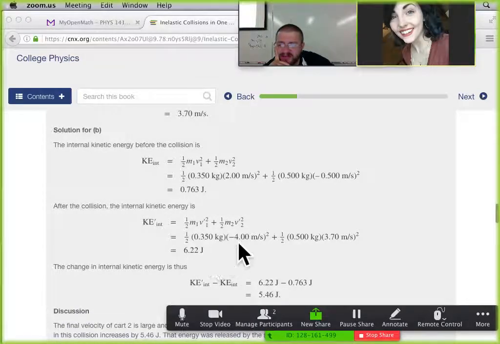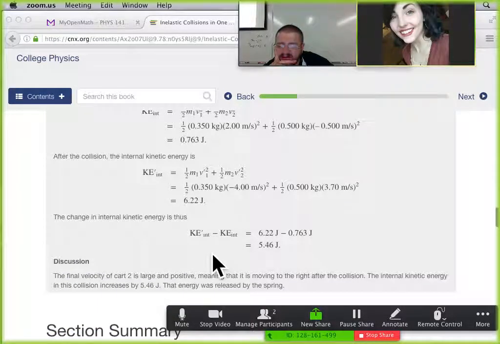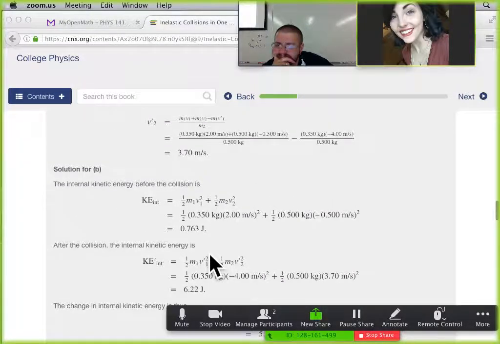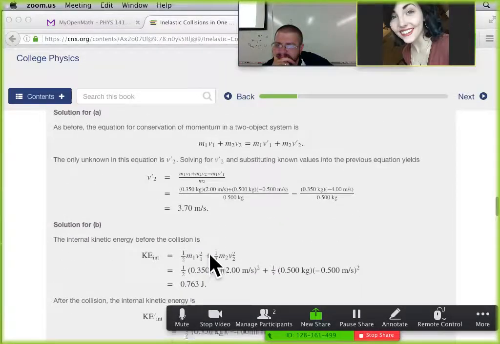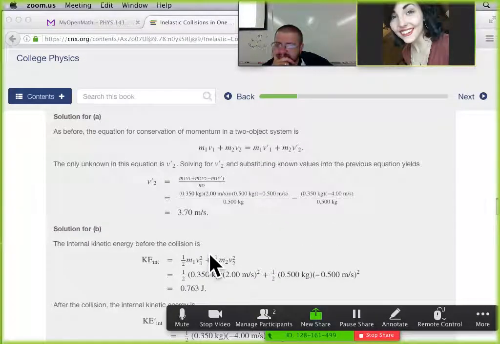These are the velocities after the collision. Okay, I know what they're saying now. I know what they're doing now. Sorry to confuse you.